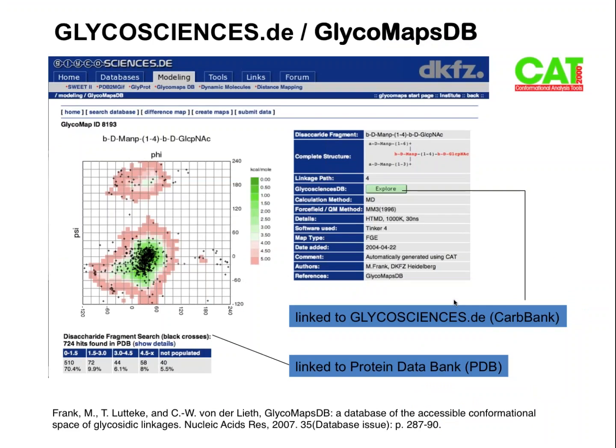This is when I calculated about, let's say, 1,000 MD simulations of different types of carbohydrates. There are conformational preferences in the glycosidic linkage, which is like a Ramachandran type of representation of the linkage. Thomas Lüdecke then put this data onto the web, and now crystallographers can use that for quality assessment of the crystal structures.